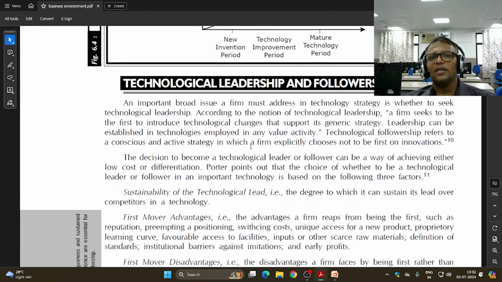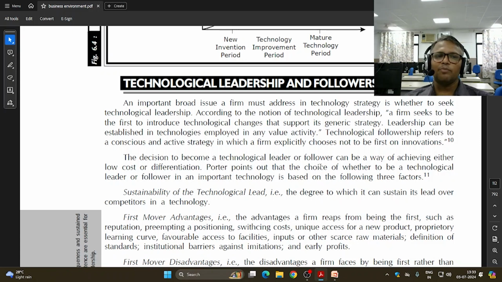Now, technological leadership and followership. An important broad issue of firm strategy in technological strategy is whether it seeks technological leadership. According to the notion of technological leadership, a firm seeks to be first to introduce the technological changes that support its generic strategy. Leadership can be established in the technology employed in any value activity.